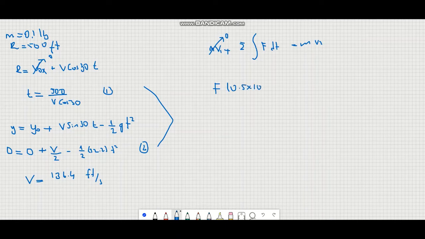which is 10 to the minus 3 seconds, right? It is equal to the mass of this object, which is given as 0.1 pound, so we need to divide it by 32.2 in order to get the slug.